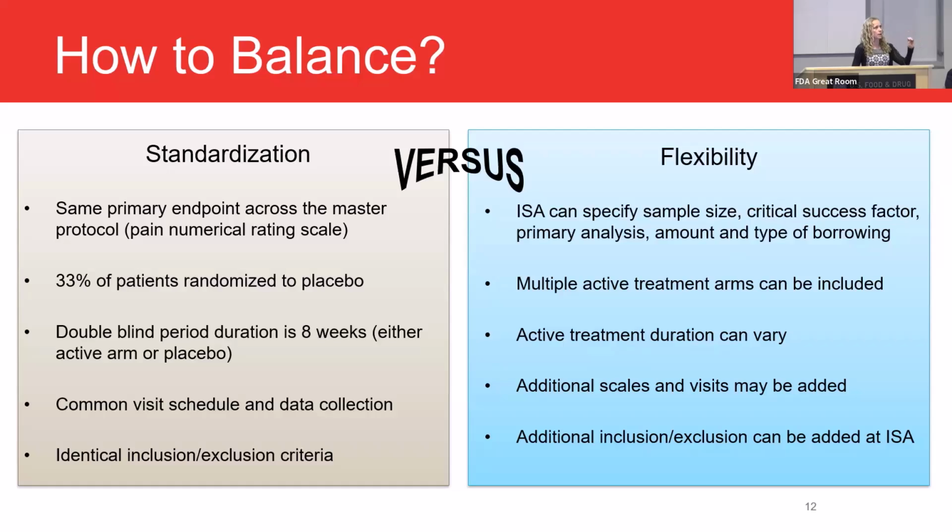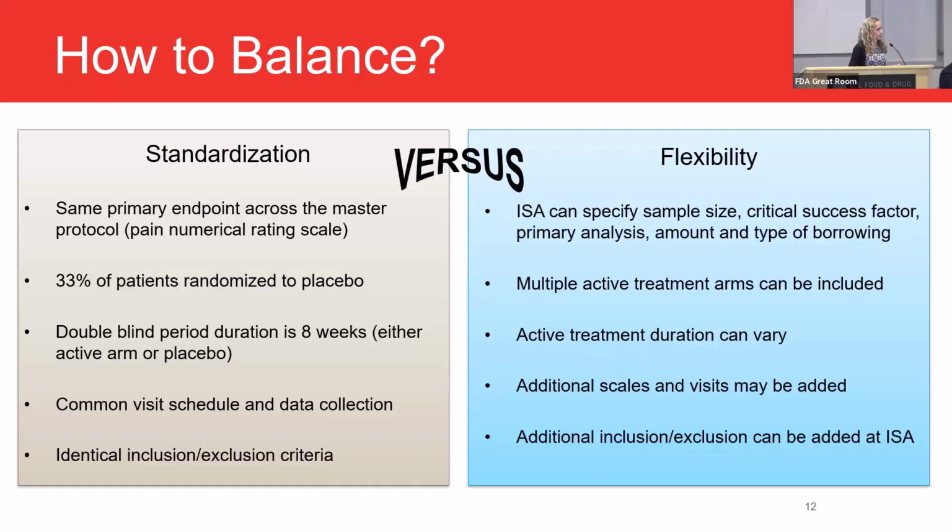The amount and type of borrowing will obviously evolve over the course of the study, because as we're gaining more information, we'll have new information that we can utilize. And then, as I mentioned, there can be inclusion-exclusion changes, or scales and visits added, but governed by one group to make sure that it is necessary.